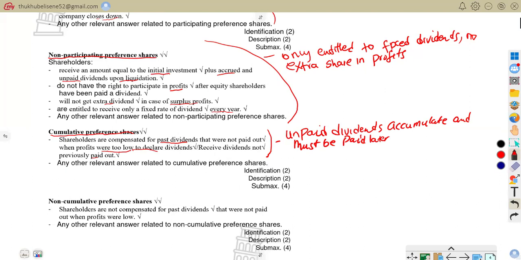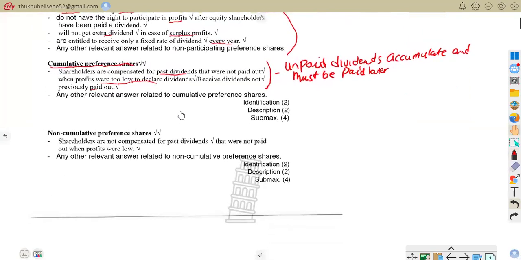Let us move on to another type of preference share. Now we are under non-cumulative preference share. With non-cumulative preference share, if dividends are not declared, the shareholder loses it for that year. So we are saying if there are no dividends declared, it means you're going to lose these dividends for that year.